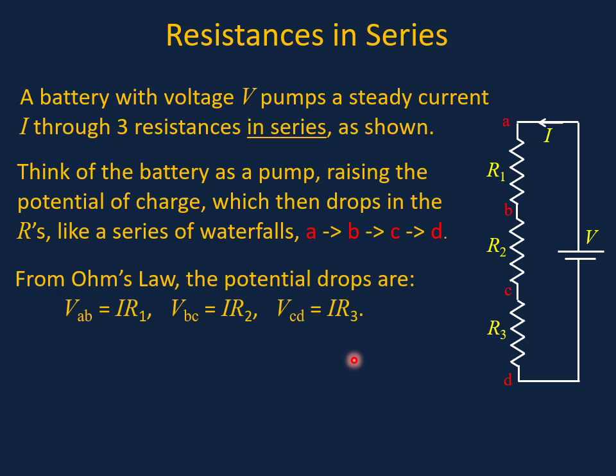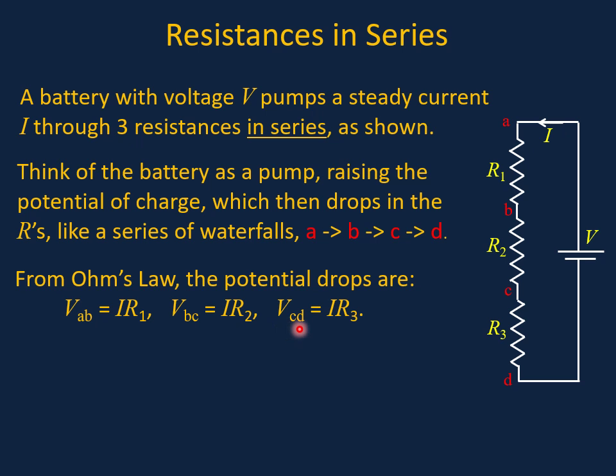From Ohm's law, we know that the potential drops are: VAB, the potential drop across the resistor R1, is simply the current I times the resistance itself, R1. Similarly, the potential drop VBC across the resistor R2 is I times R2, and so on.